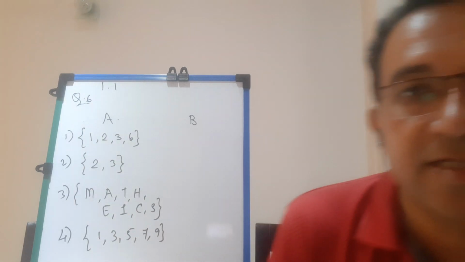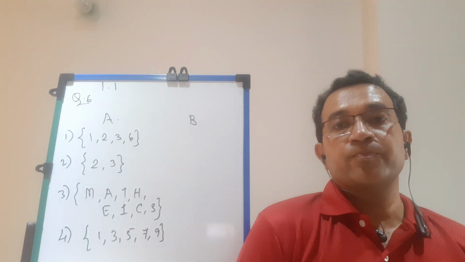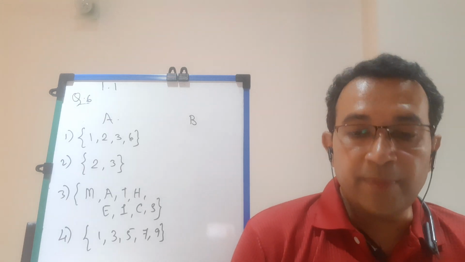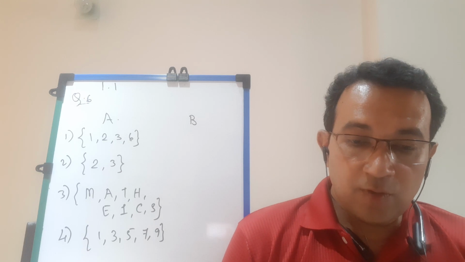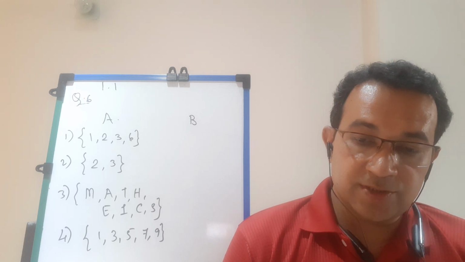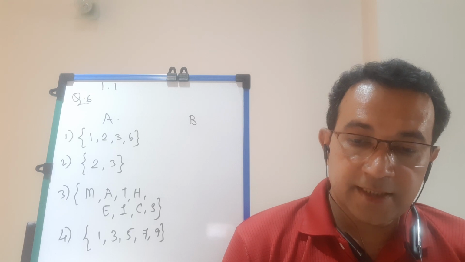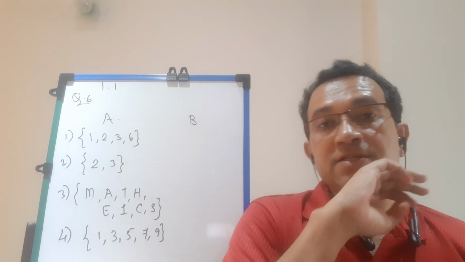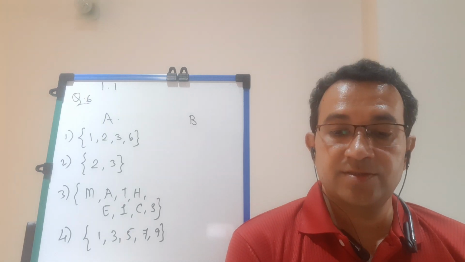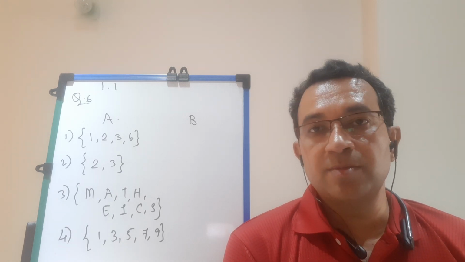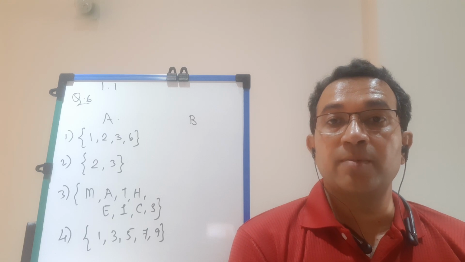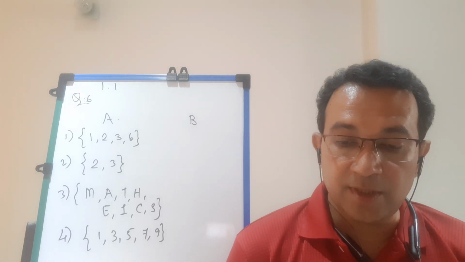These are the 4 set students which are given in, you can say, listing method, or roster form. Now 1, 2, 3 and 6. All these are factors of 6. Yes or no? Of course 1, then 6 is divisible by 2, 6 is divisible by 3, and 6 is divisible by itself.